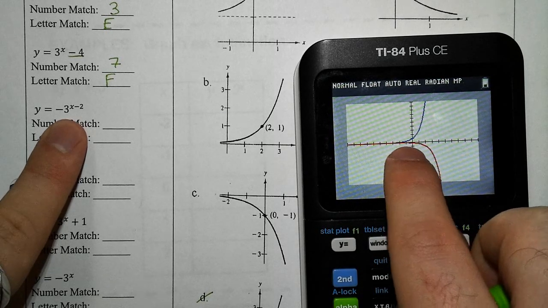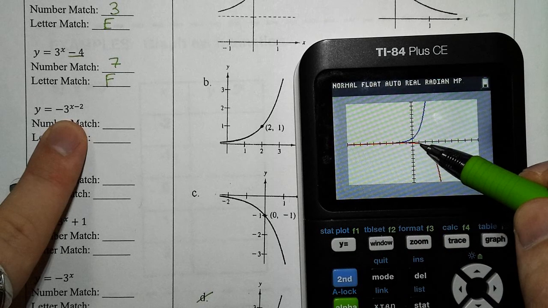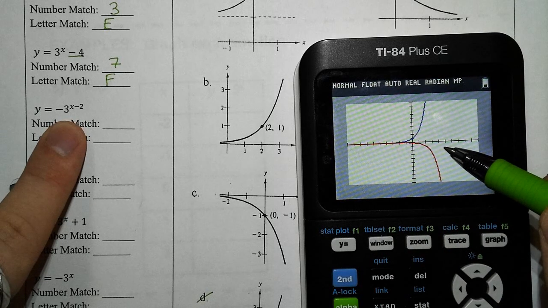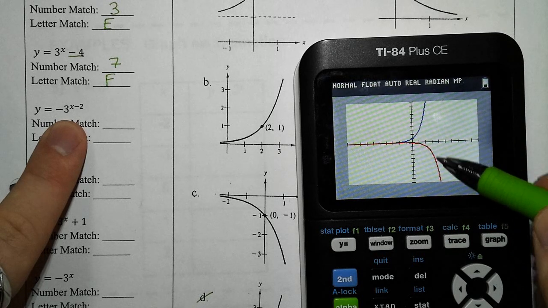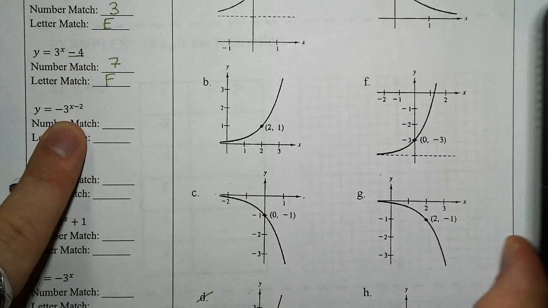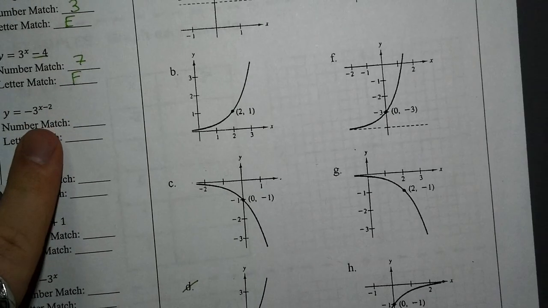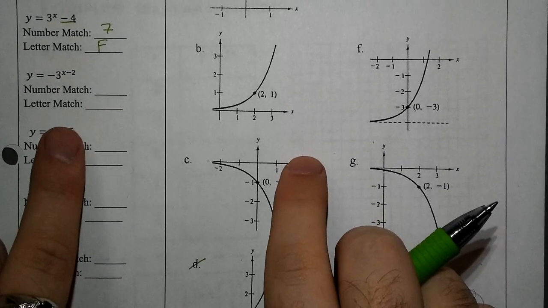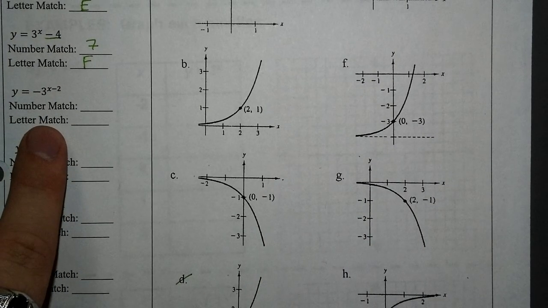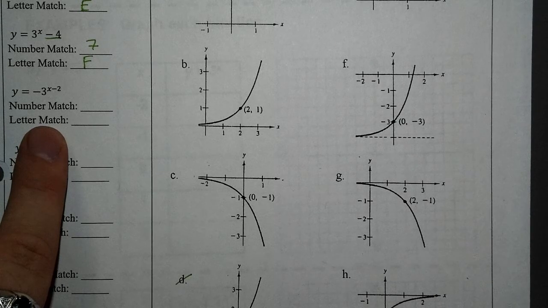And then it looks like it shifted to the right, maybe 2 whole spaces. Because here's the line going up at like 1, and here the line's going down at like 3. So let's now match up with the correct transformation. Oh, sorry, let's get the letter first.